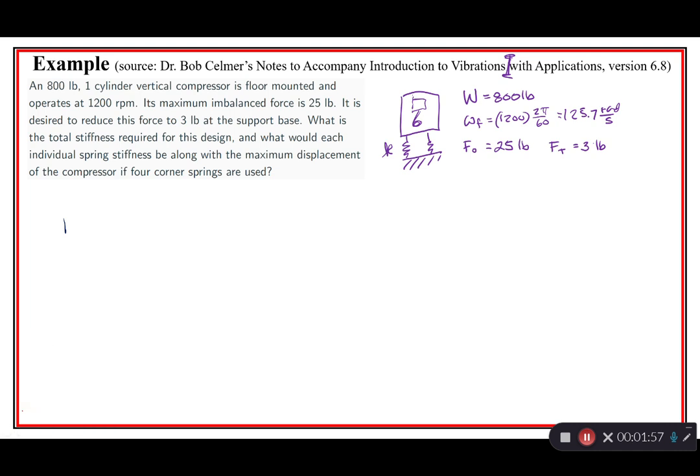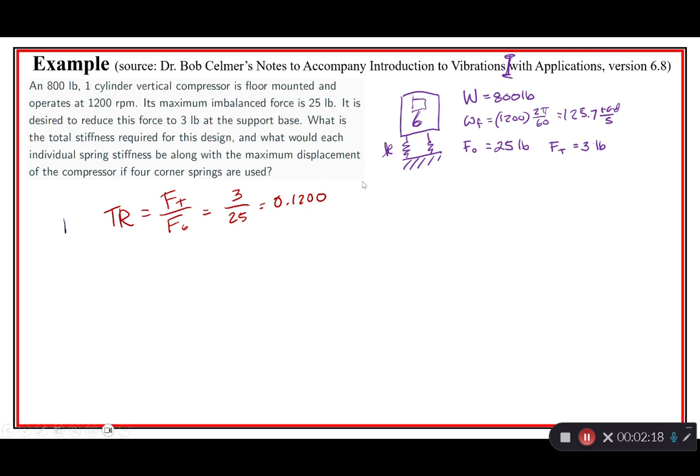All right, so the TR that we're trying to find is FT over F0, which is going to be 3 pounds over 25. 0.12.